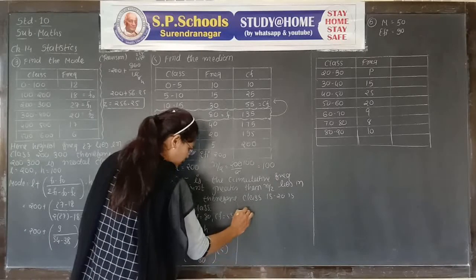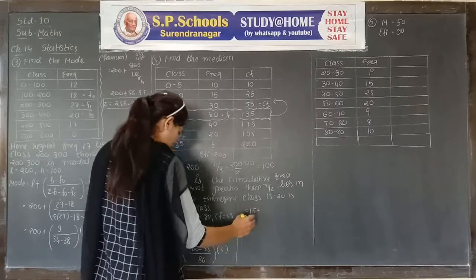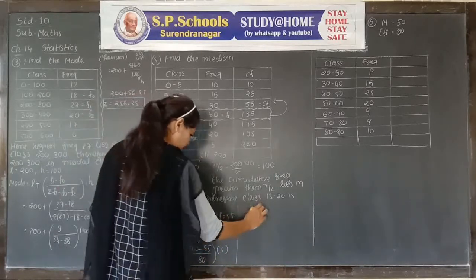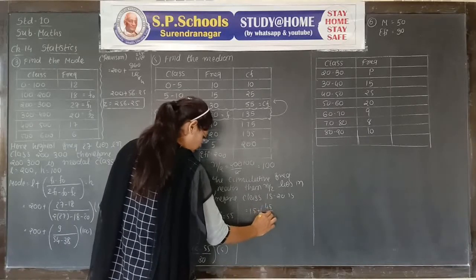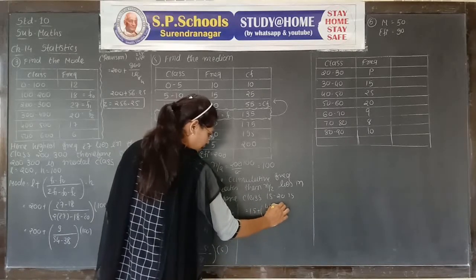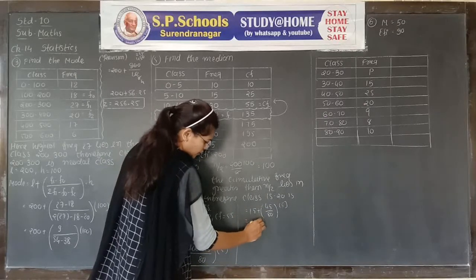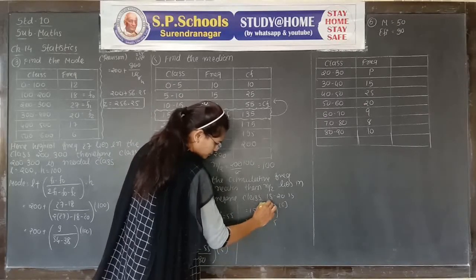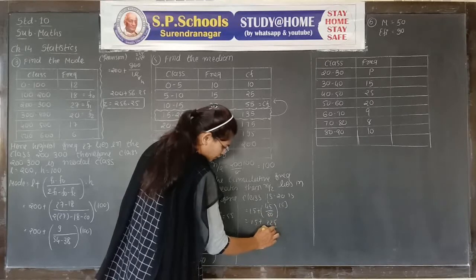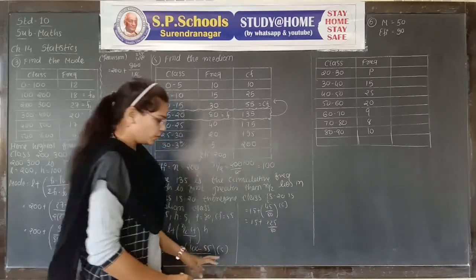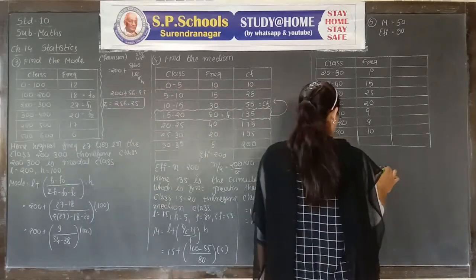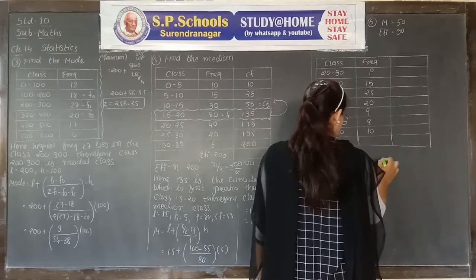Now 15 remains as it is plus (100 minus 55) which is 45, upon 80, multiply with 5. 15 as it is plus 225 upon 80. Cutting is possible but not required here. We directly divide 225 by 8.